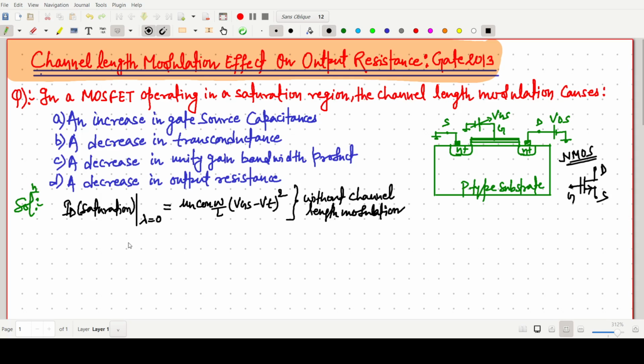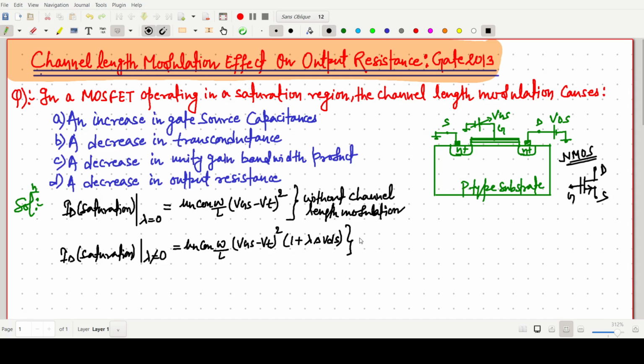But when we write the same equation, ID in saturation with lambda, when lambda not equals to 0, means we are considering the channel length modulation, the equation becomes mu n Cox W by L times VGS minus VT whole square times 1 plus lambda times VDS.